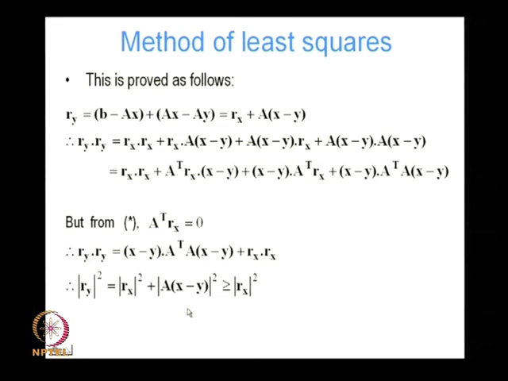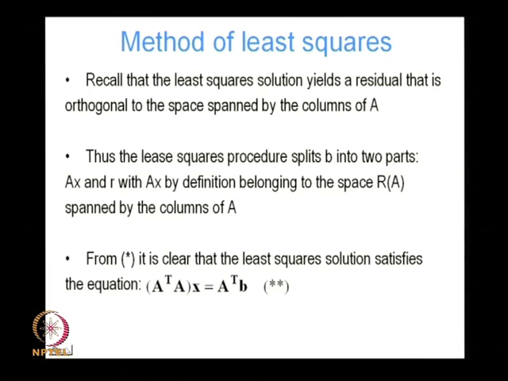This is something intuitive, but this is just a proof for that. Recall that the least square solution yields a residual that is orthogonal to the space spanned by the columns of A. So, the residual B minus A x is orthogonal to the vector space spanned by the columns of A. I consider each column of A; they are linearly independent and they form a basis for the space.